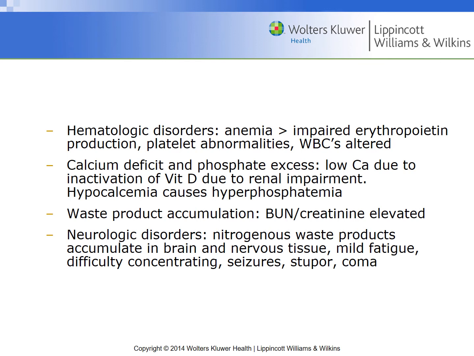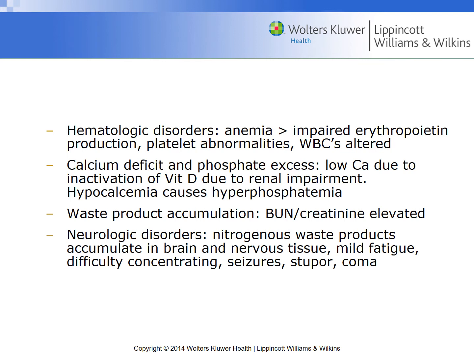The reason the calcium is down is that another function of the kidney is to activate vitamin D, and we need vitamin D to help absorb calcium. When we don't have activation of vitamin D, we're not going to absorb our calcium, so we see a low calcium and a high phosphorus. That's a typical finding with kidney patients, or at least with acute renal failure.